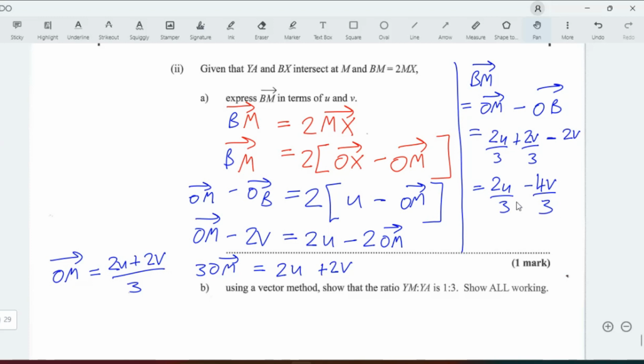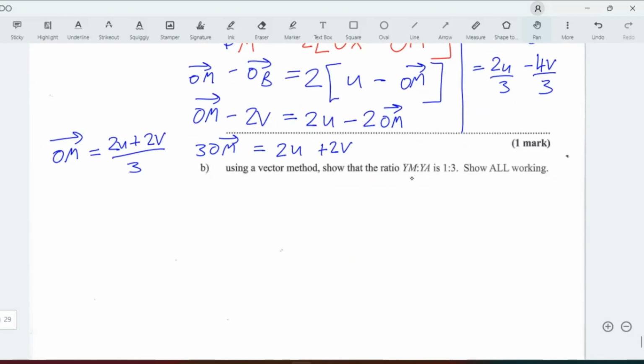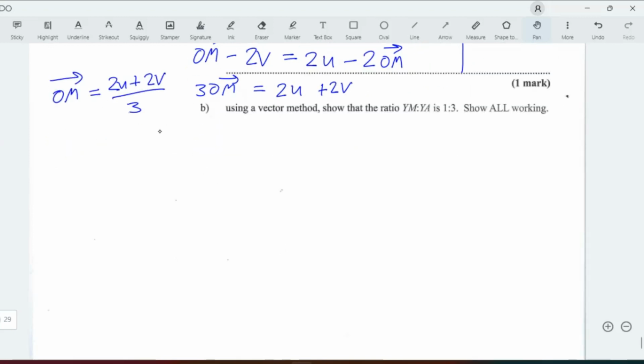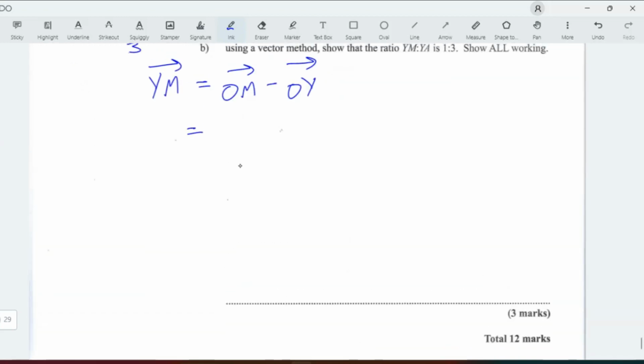Next part: using a vector method, show that the ratio of YM to YA is 1 to 3. First, let's find vector YM. That's OM minus OY. Good thing we already found vector OM.